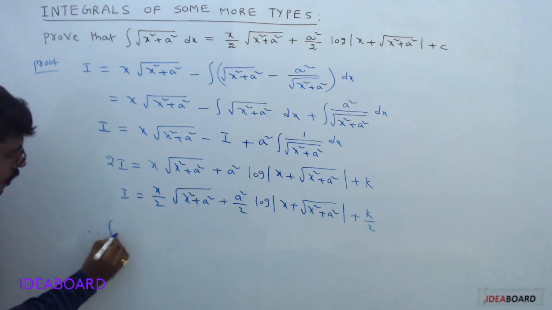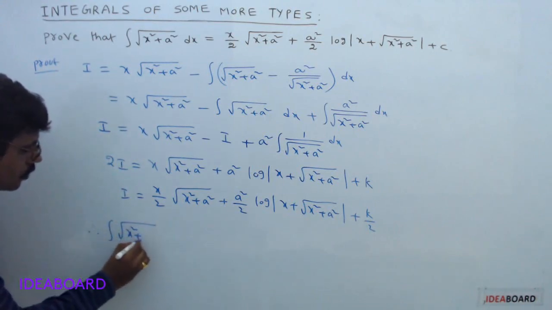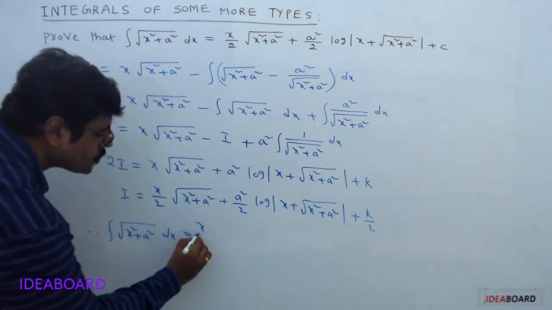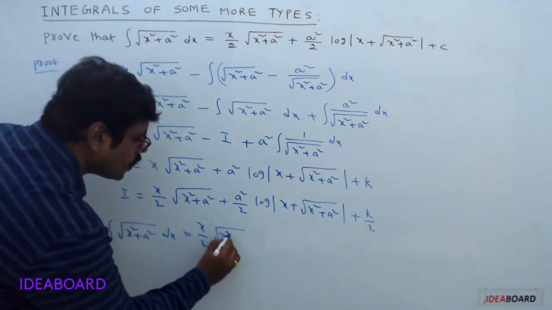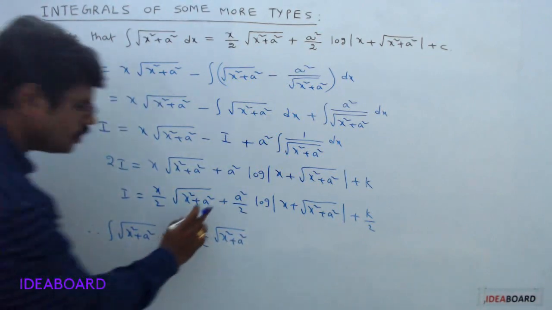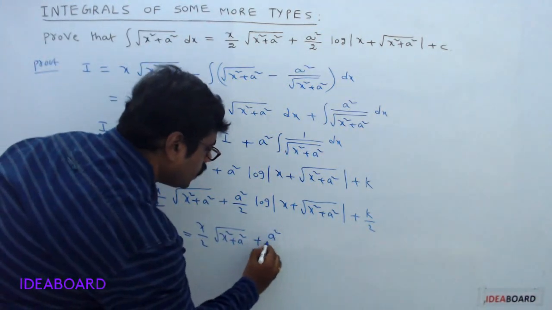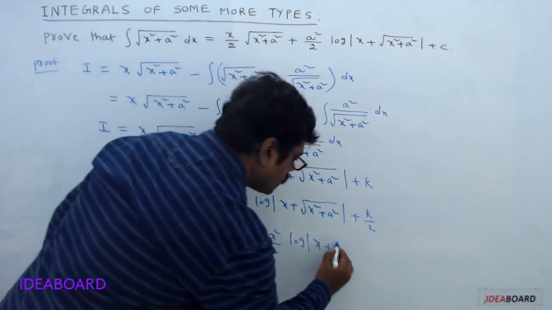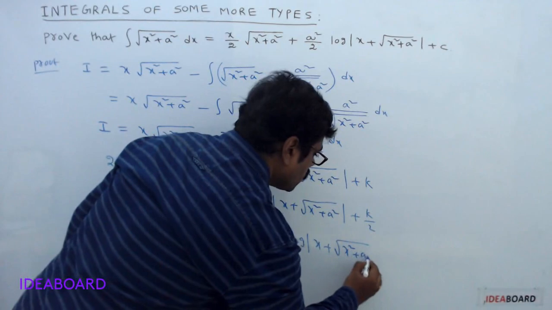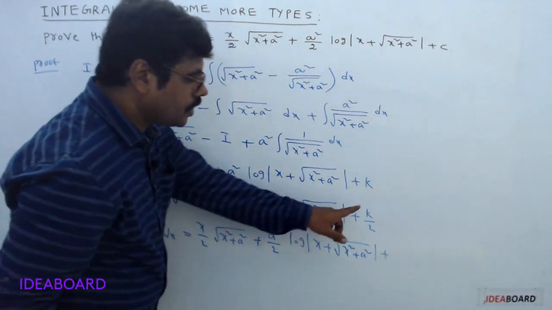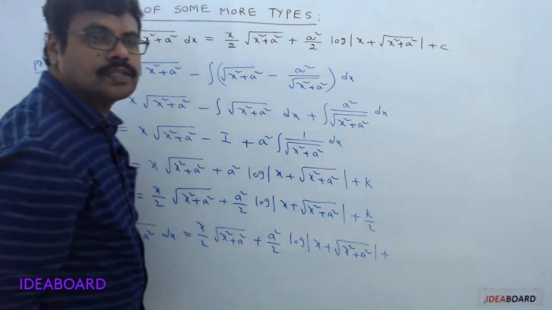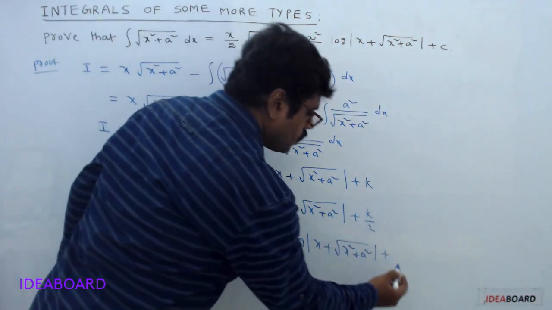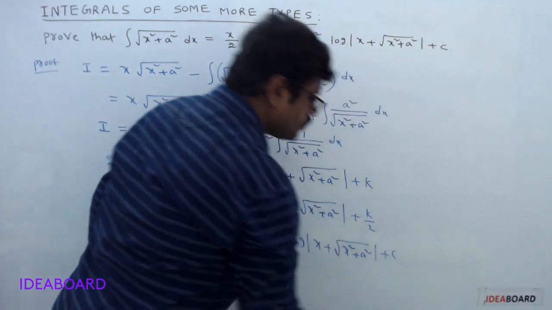So therefore integral square root of x square plus a square dx equal to x by 2 into square root of x square plus a square plus a square divided by 2 into log mod of x plus root of x square plus a square plus k by 2. k is a constant term, k by 2 is also a constant. So replace this constant term k by 2 with a constant c.